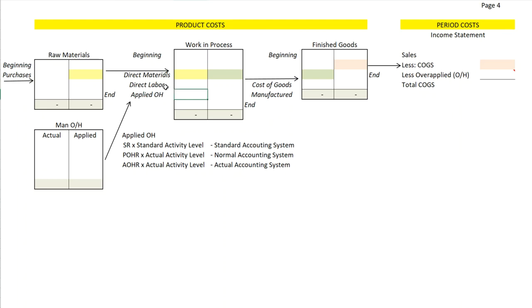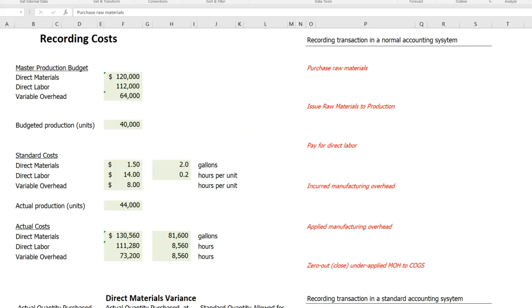So our cost in a standard cost system will flow through using standard cost and standard activity levels. Let's go ahead and take a look at that. However, before we do that, let's first look at how we record our transactions in our normal accounting system. So let's go ahead and review that.